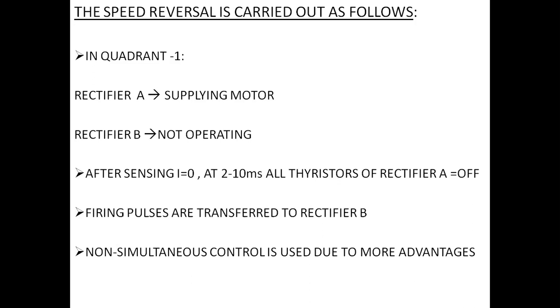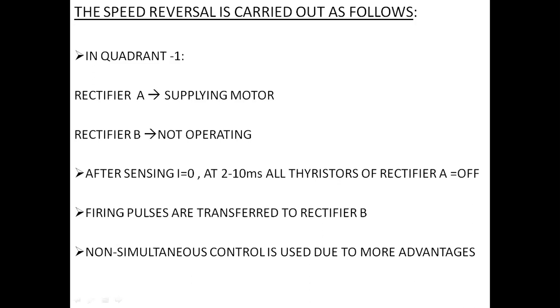The reversal time and the dead time, both of these are time-consuming methods. In order to reduce this time, we have to sense the zero current accurately. When we are able to sense the zero current accurately, we can eliminate these two time-consuming methods.